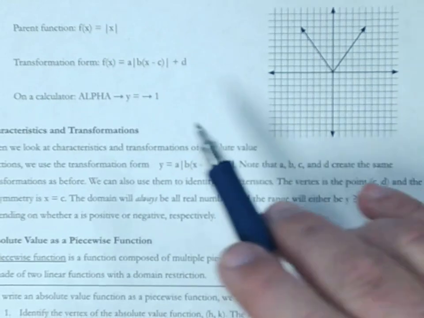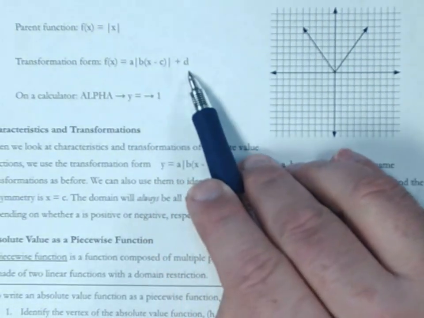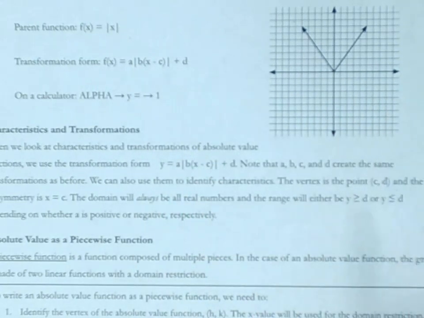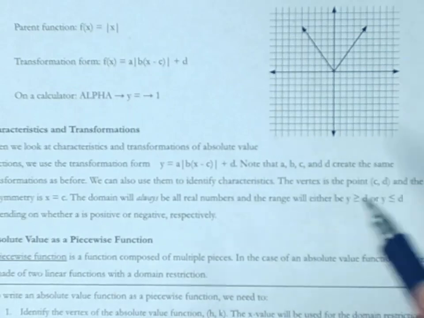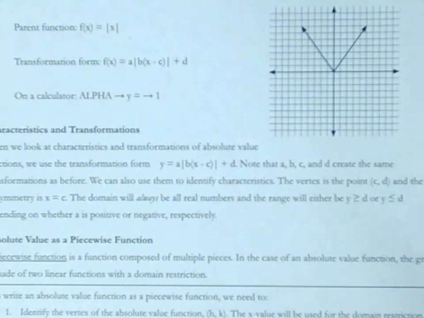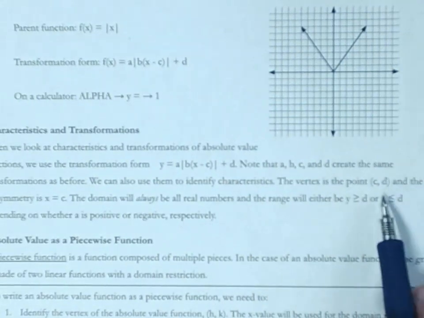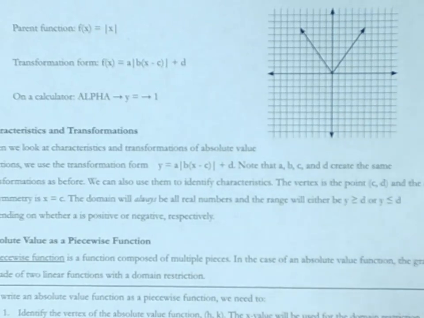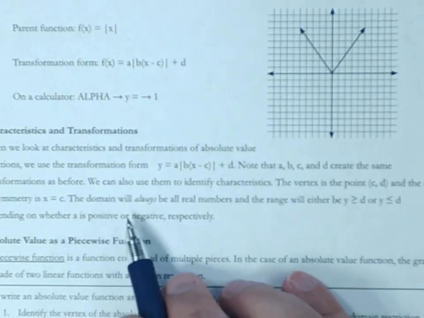So you're going to want to be able to read this transformation equation and get the C and the D value out so that we can write these things kind of differently, actually. You're going to see us write the equations like this, but then also we're going to talk about how they can be written piecewise. When we do that, we use the vertex point. Specifically, we use the x value of the vertex point to restrict the domain.